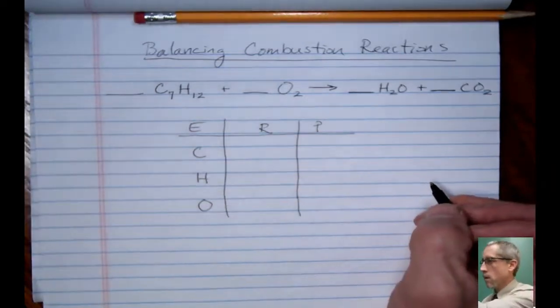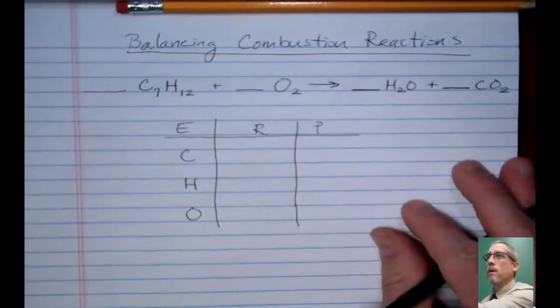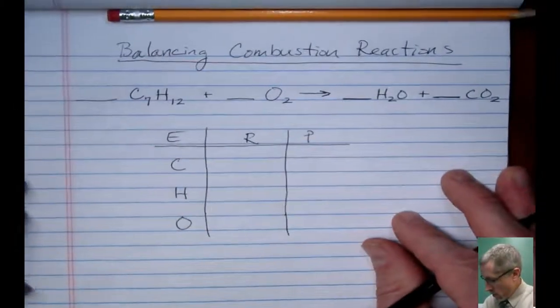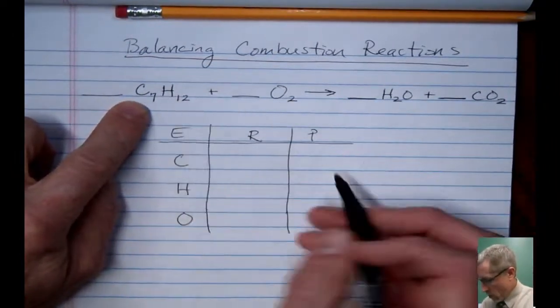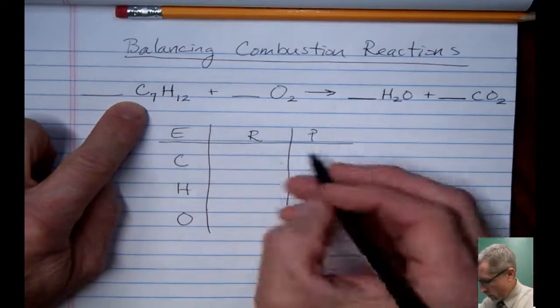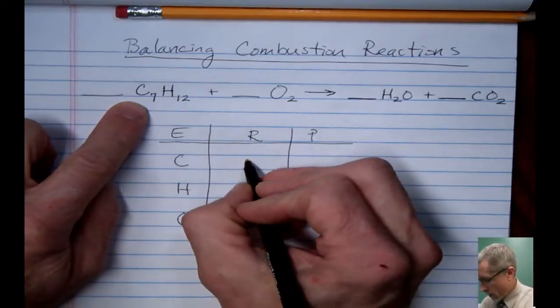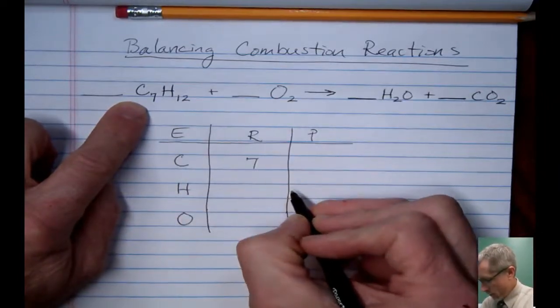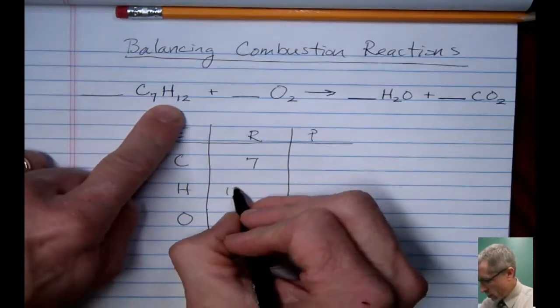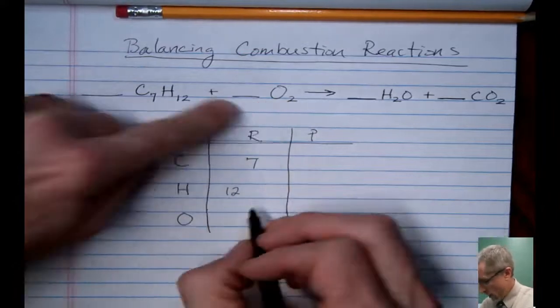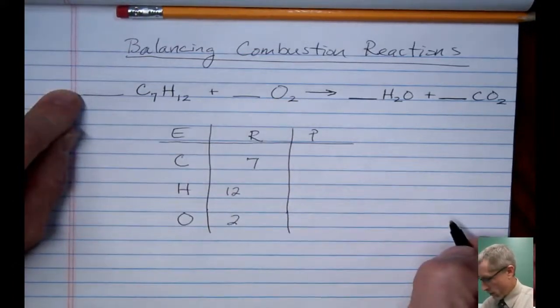So let me zoom in here, and that might help you see a little bit better. There we go. So on the reactant side, as it's written here, we have carbon only in this first compound, so there's 7 atoms of that. We have 12 atoms of hydrogen, and we have 2 atoms of oxygen.